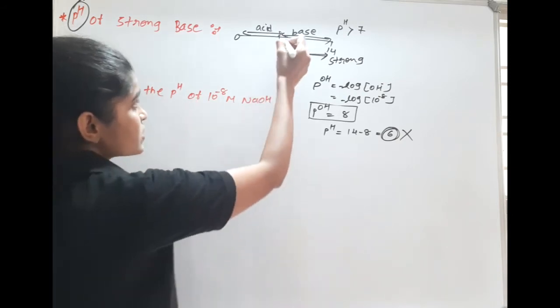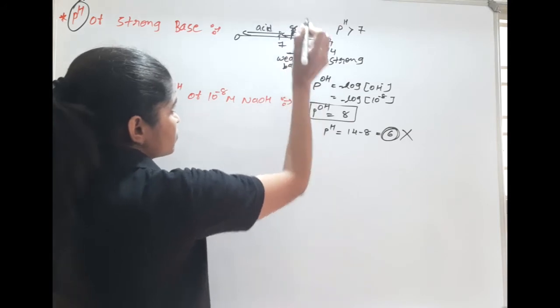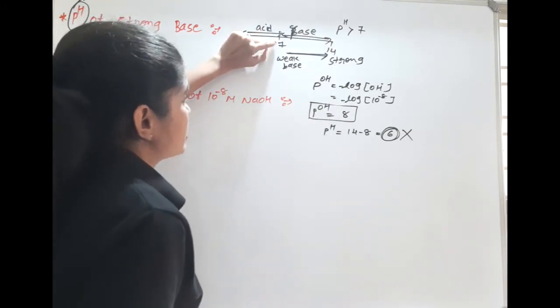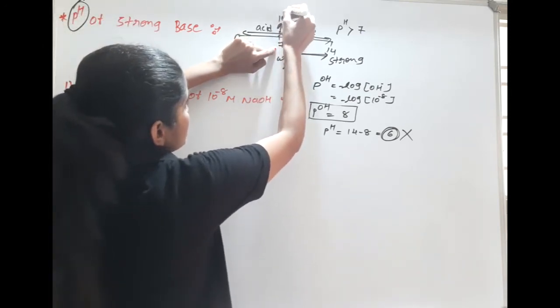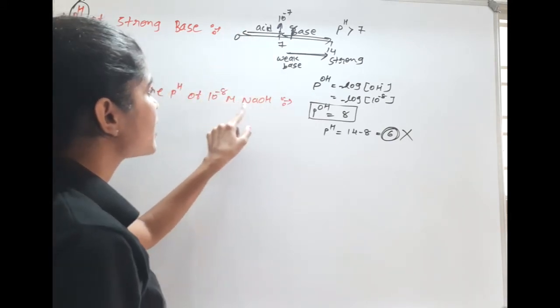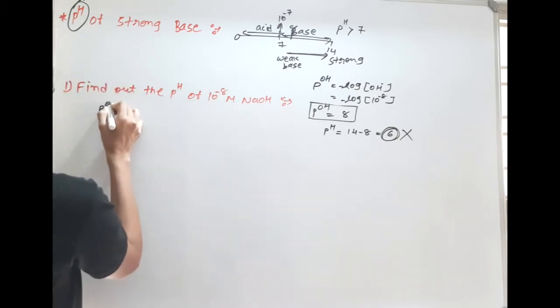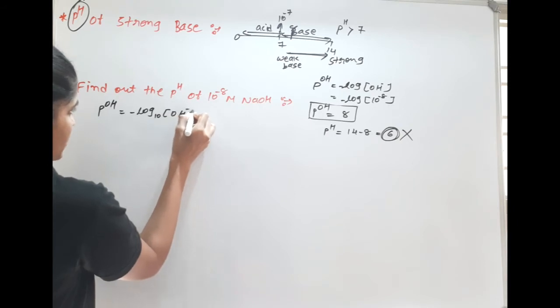We know that for 10 raised to minus 8 molar, the pH should be near 8, and near 7, which is neutral, where the concentration value is 10 raised to minus 7. This is a very dilute solution of NaOH, and pOH is equal to minus log of OH minus.